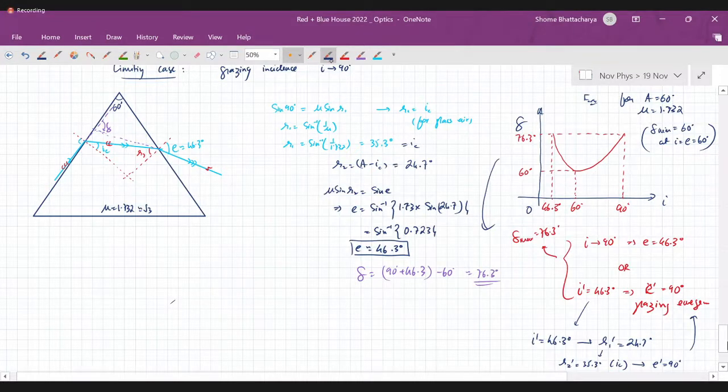And you can later take some values and check yourself. Like, if you take an angle of incidence of, let's say, 53 degrees, you'll get some other deviation which is in between these two.